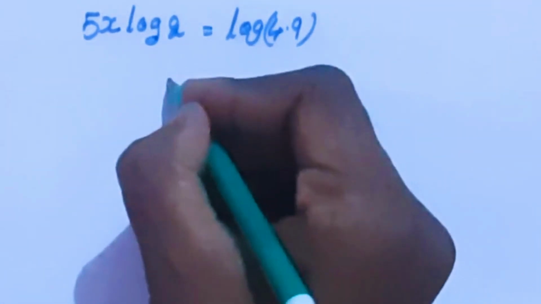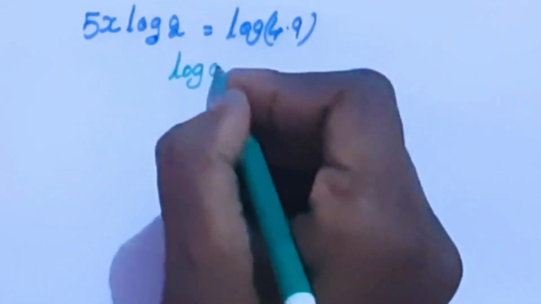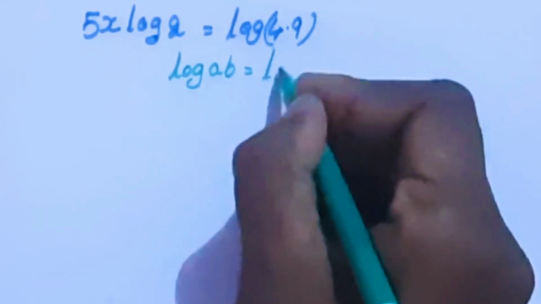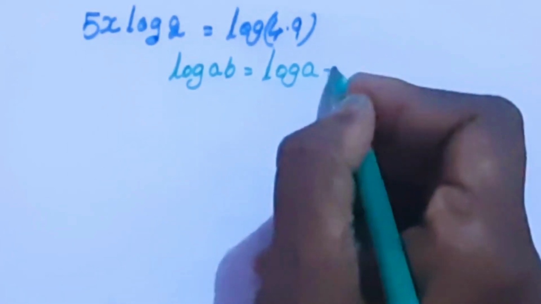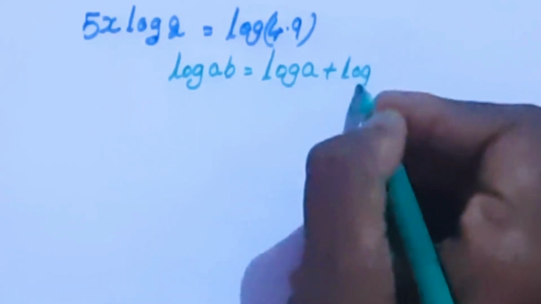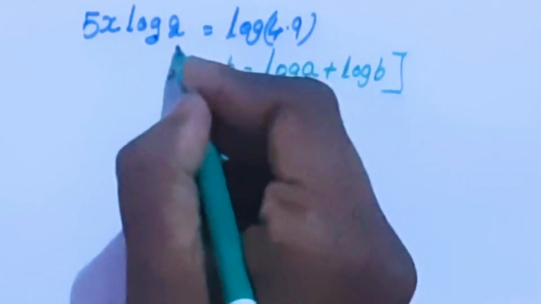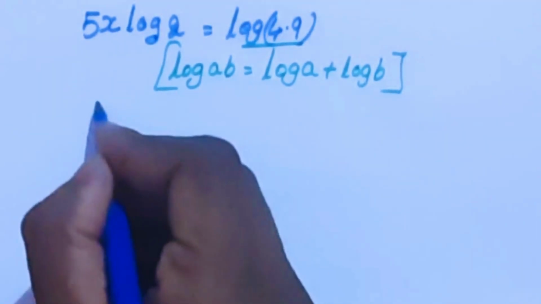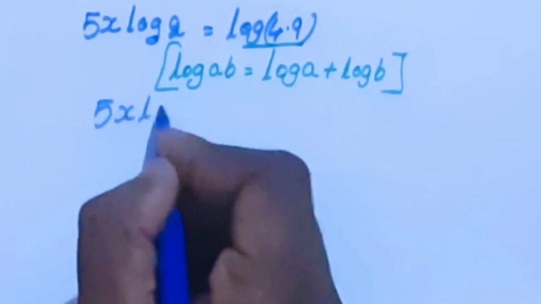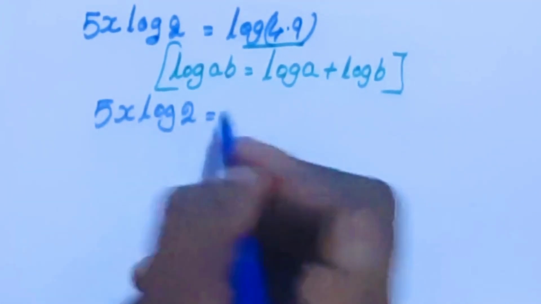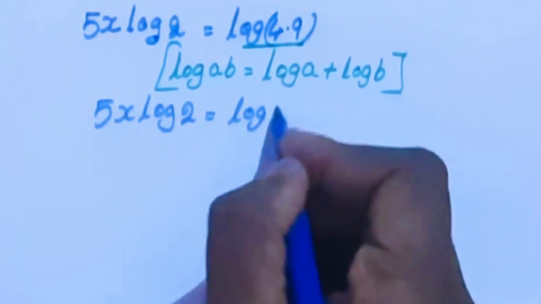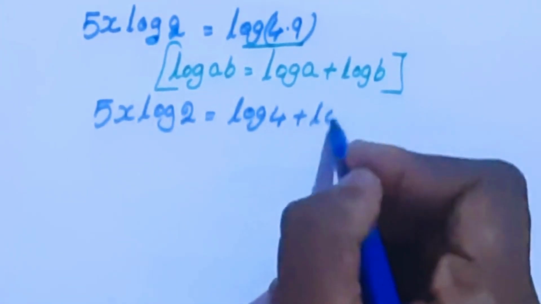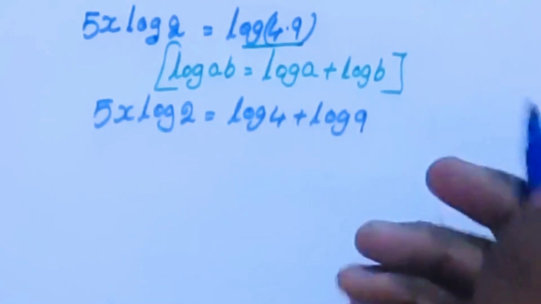Now we are going to apply this log product formula, that is log AB equal to log A plus log B. This log product formula we are going to apply here. So 5x log 2 equal to log 4 plus log 9.